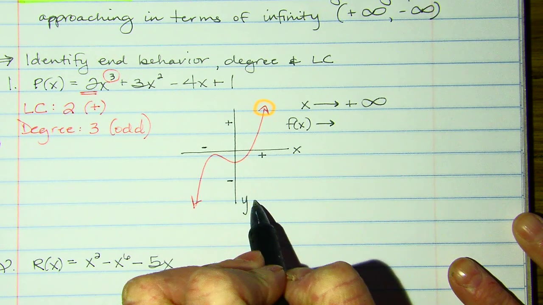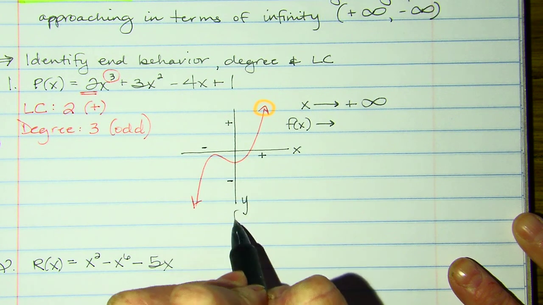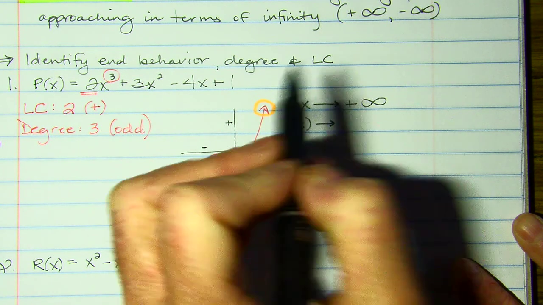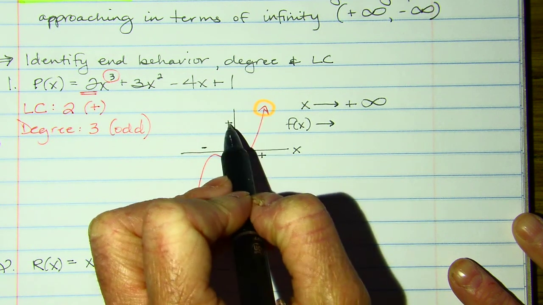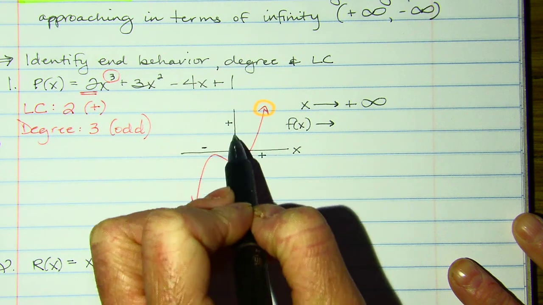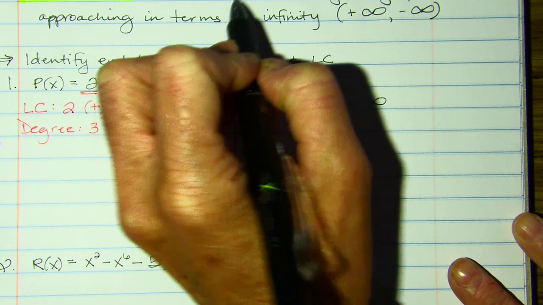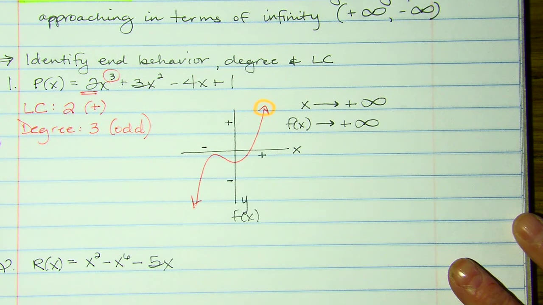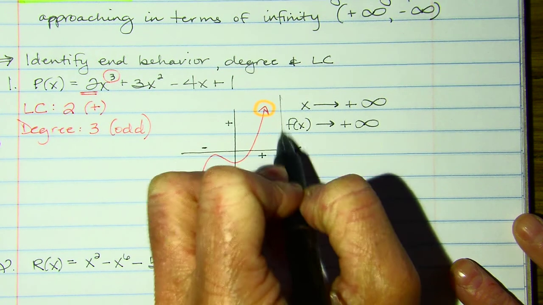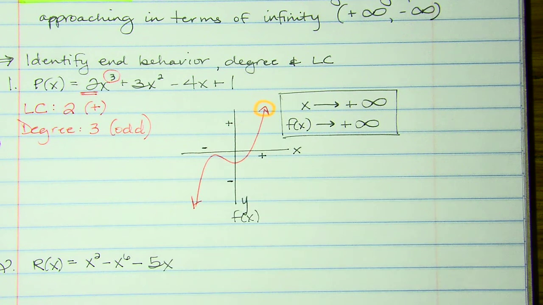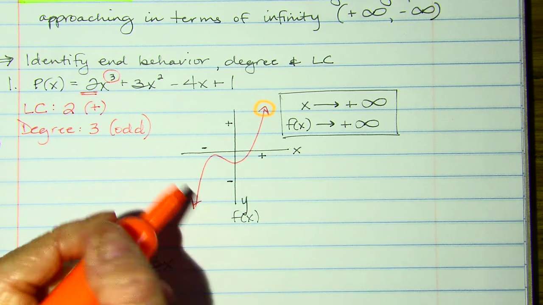F of x, which is another way of talking about our y or our output. This arrow is pointing up. And if you look right here, this is positive as well, and it's just going to keep going more and more and more positive. So f of x is also approaching positive infinity. So that is the end behavior for one of the ends of my graph. I then have to do it for this end.